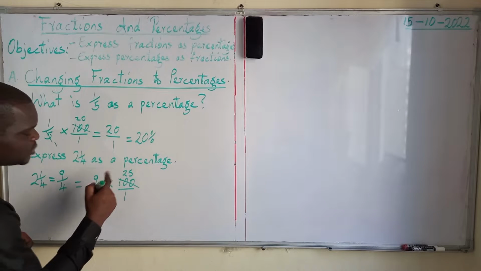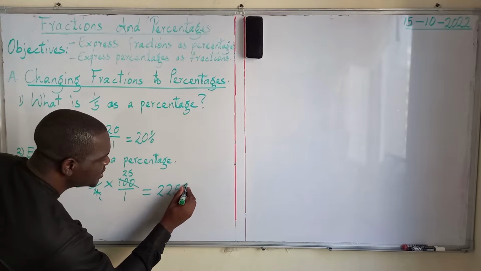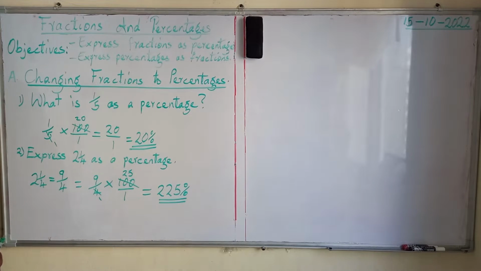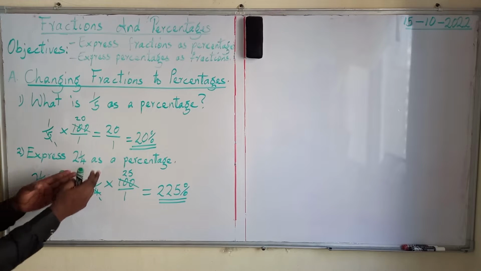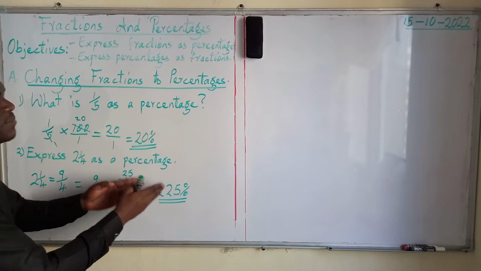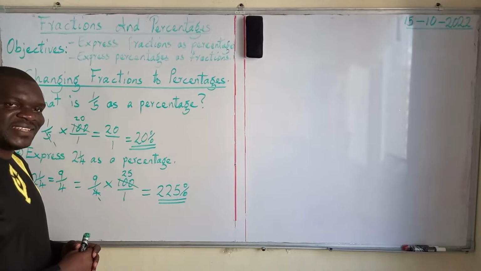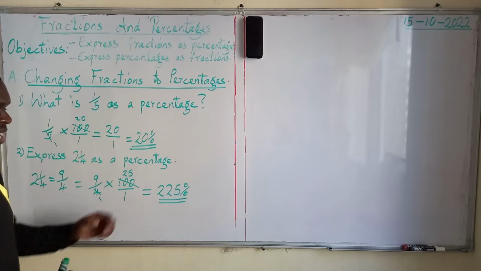And 9 times 25 is going to give 225%. So this is just as simple as you can see it on the board. Change the mixed fraction to an improper fraction, multiply by 100, simplify, and make sure that you express your final answer as a percentage. So that is it as far as changing fractions to percentages is concerned.